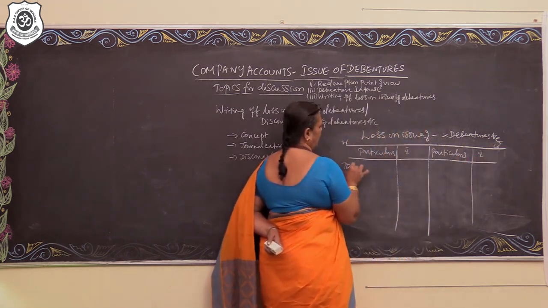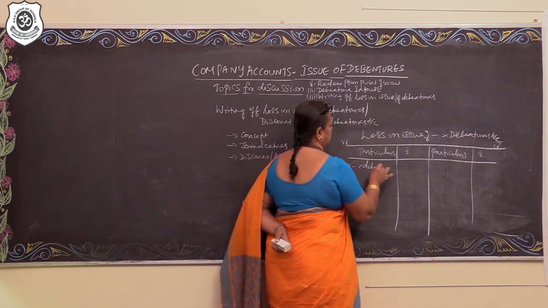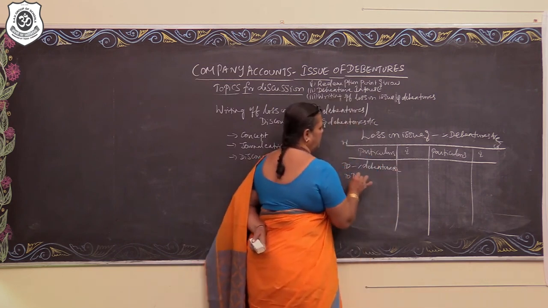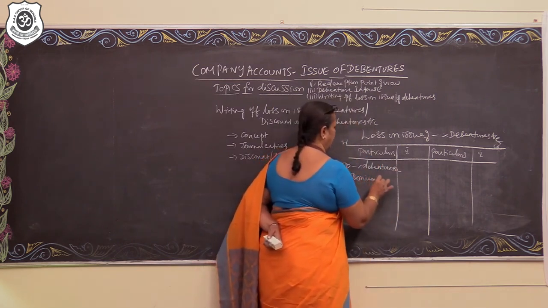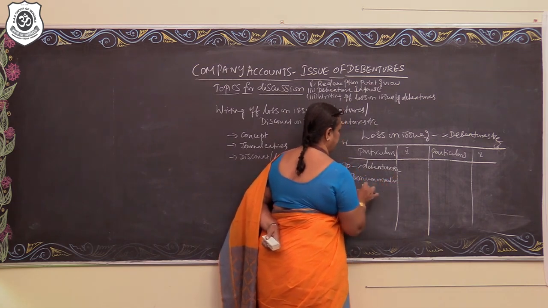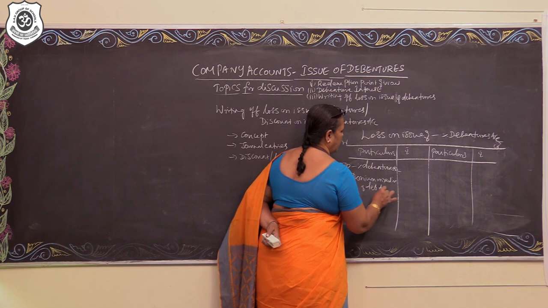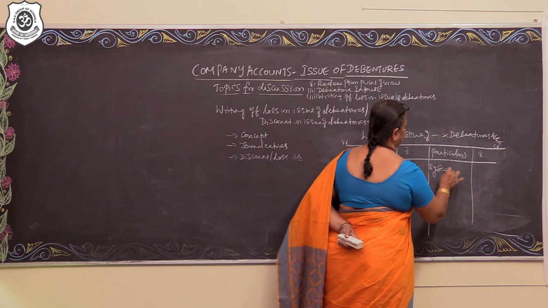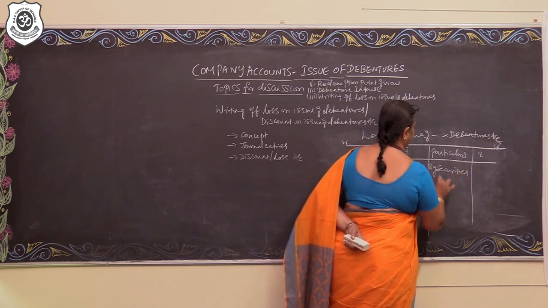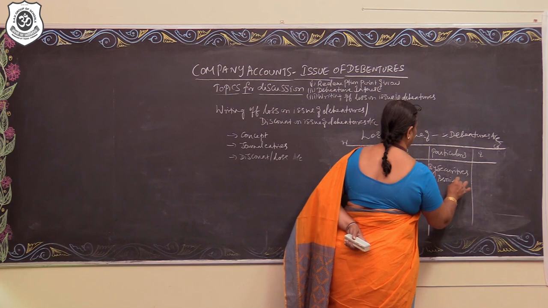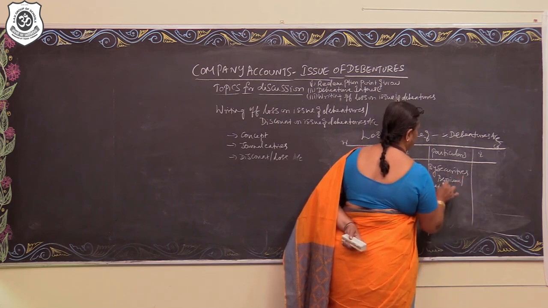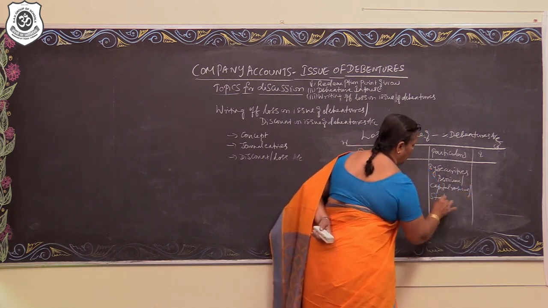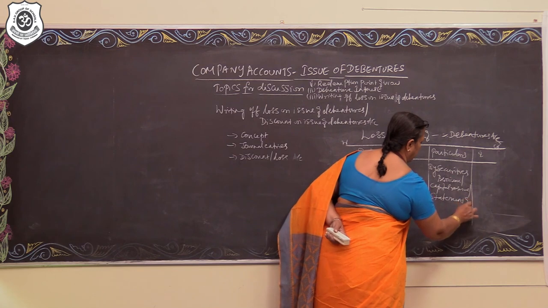So, here you will have the debentures account for the discount portion, and premium on redemption of debentures for the loss portion, by securities premium reserve account, capital reserve, statement of profit and loss.